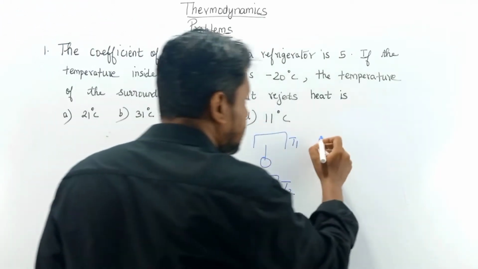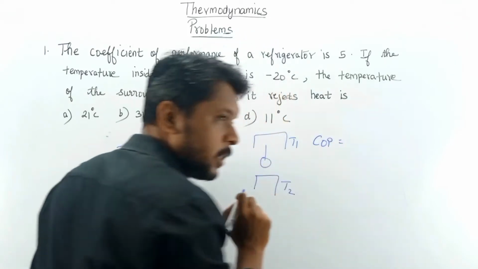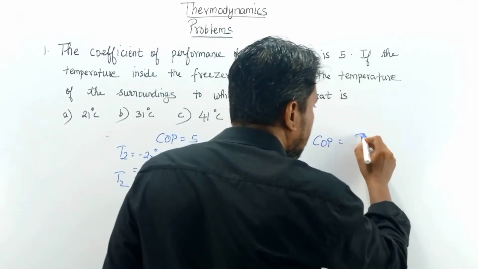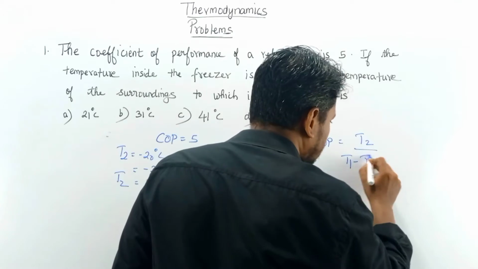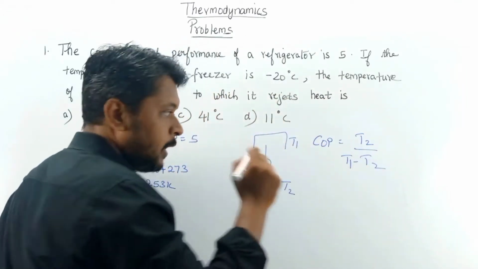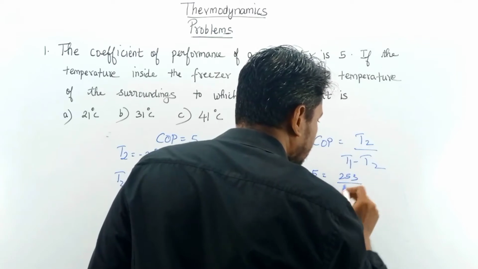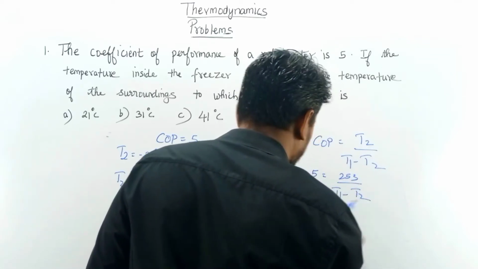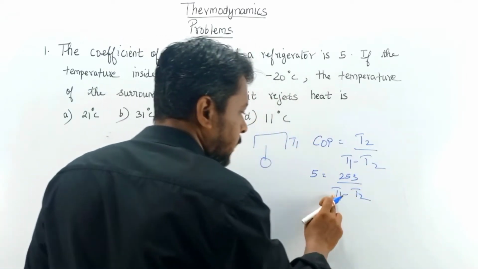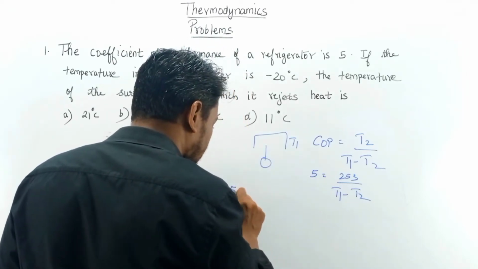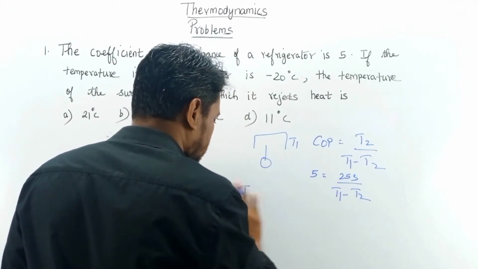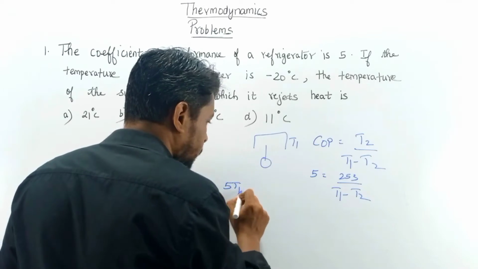So what is the formula for COP in terms of temperature in case of a refrigerator? It is T2 by T1 minus T2. So here they given the value of COP. You know the value of T2, 253. So 5 equals 253 divided by T1 minus T2. Take this value to the left hand side, so we'll have 5T1 minus 5 times T2.